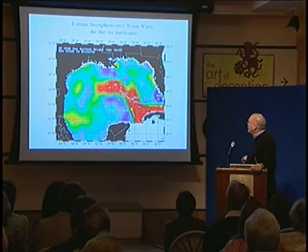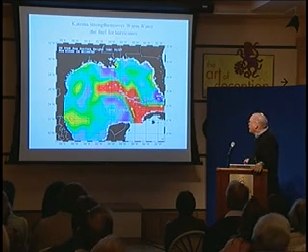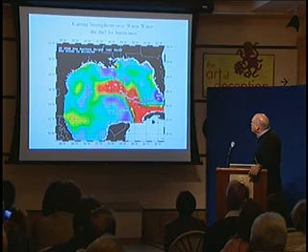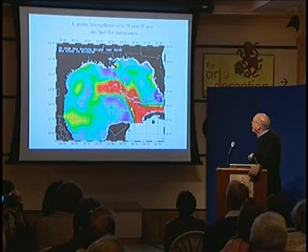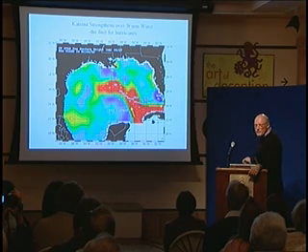Also shown on this figure is what oceanographers call the loop current. This brings warm water in from the Caribbean, and it moves around in a loop like this, goes out through the Florida Straits, and ends up becoming the Gulf Stream.